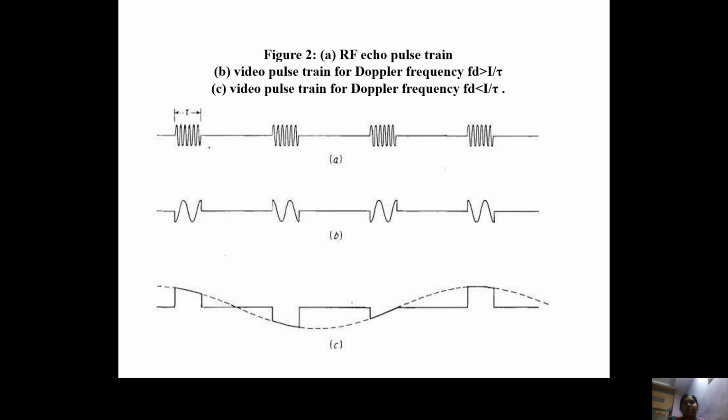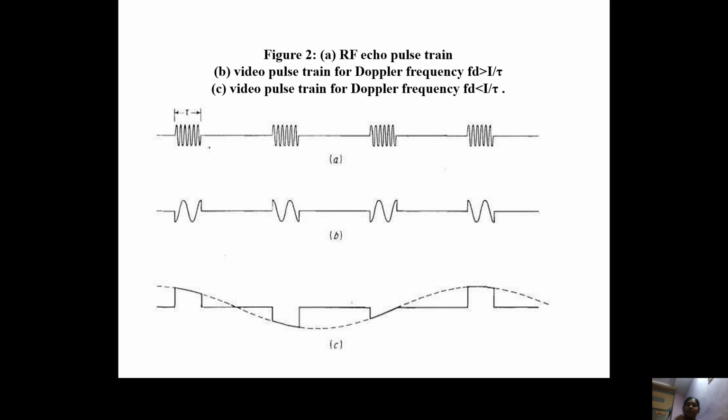If you see, these are some of the outputs which can be shown on A-scope. A-scope is the video display for seeing the range of the received echo signal.